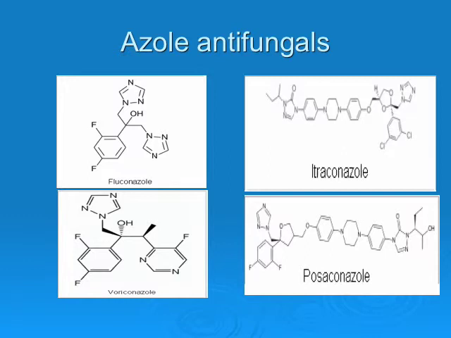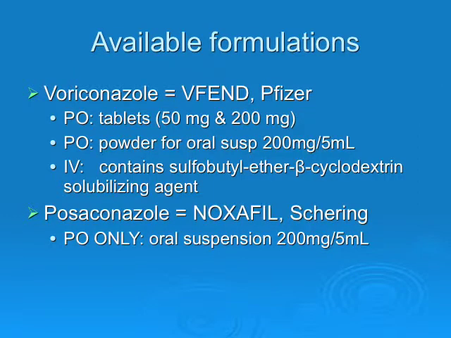You'll notice itraconazole and posaconazole both have similar, much larger structures, and there are some tie-ins when we start talking about the pharmacokinetics and drug interaction issues between these agents. There are some similarities between fluconazole and voriconazole versus itraconazole and posaconazole.